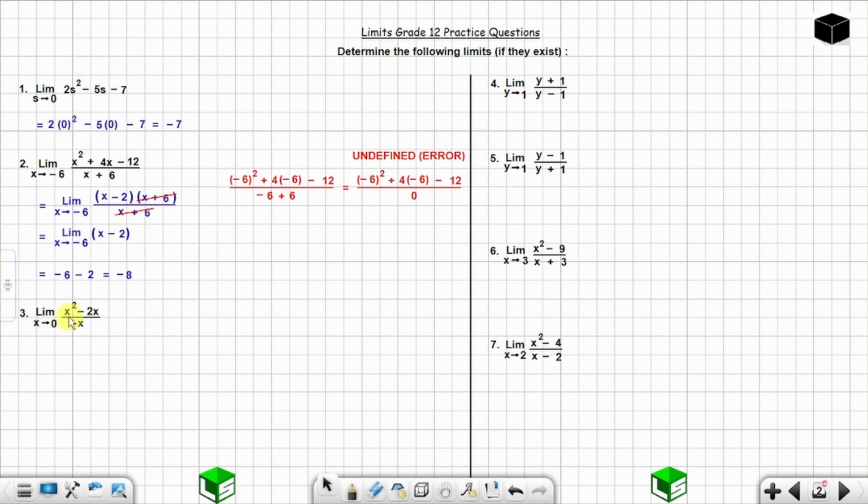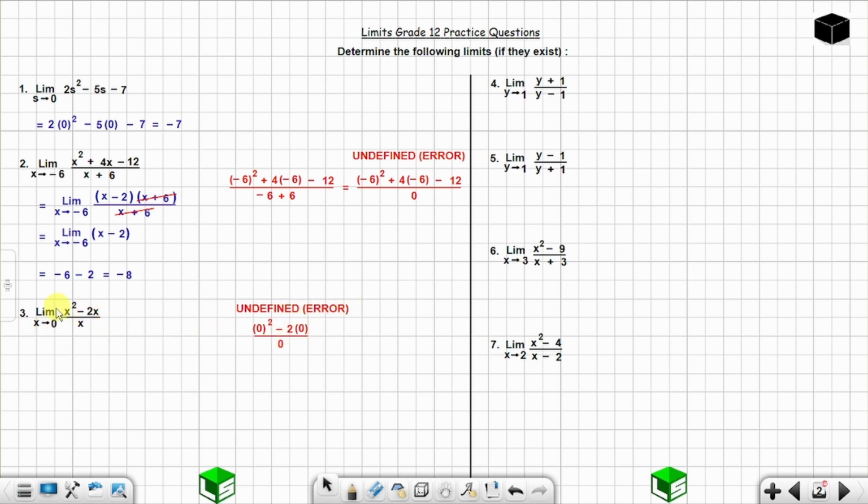If you plug 0 wherever you have x, you are going to have 0 squared minus 2 times 0, over 0. So you have division by 0, which is undefined. You are going to get an error in your calculator.